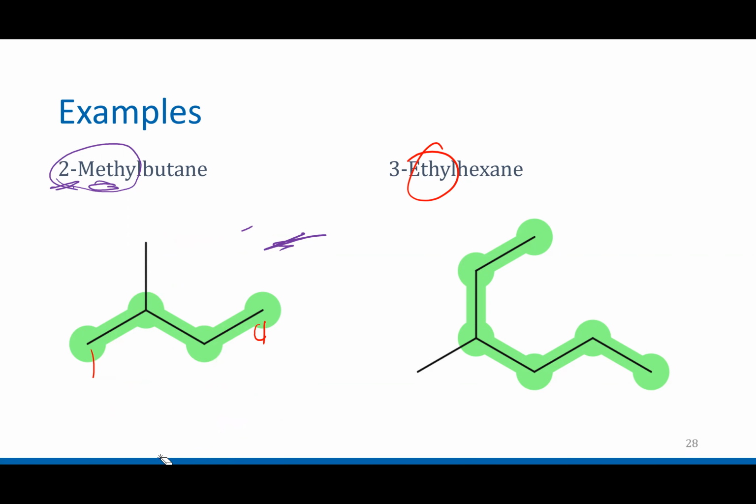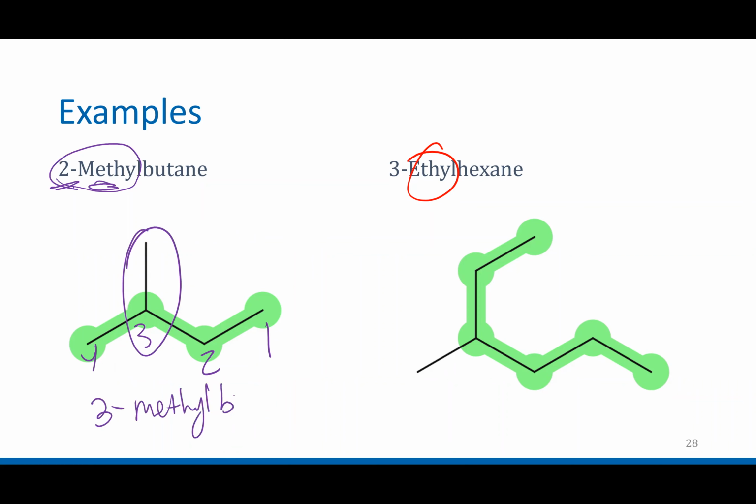What if I numbered this backwards? 1, 2, 3, 4. Now it would be 3-methylbutane. And I don't want that because I don't want the 3. I want the lowest number possible. So this is no good.